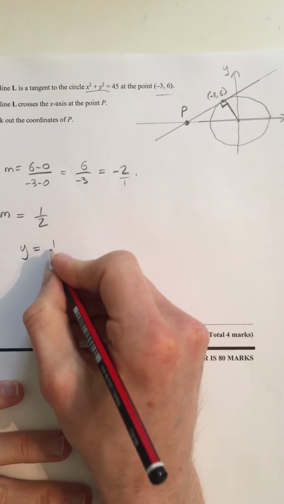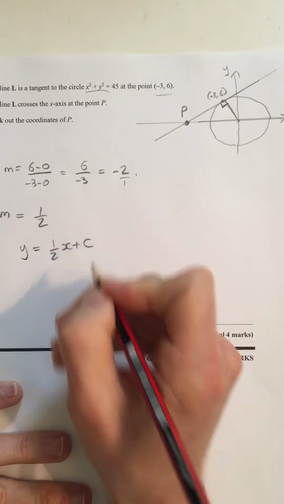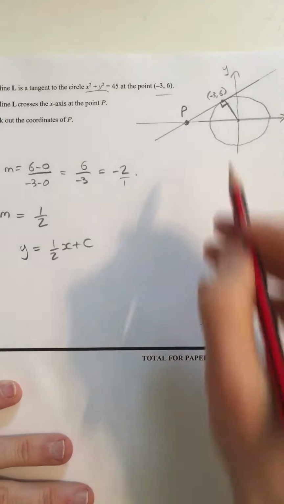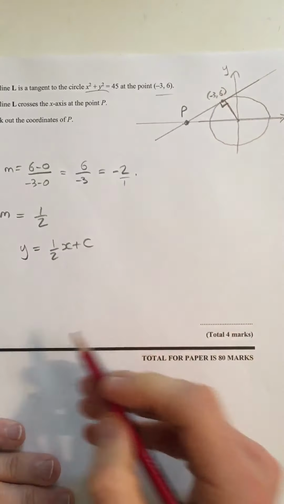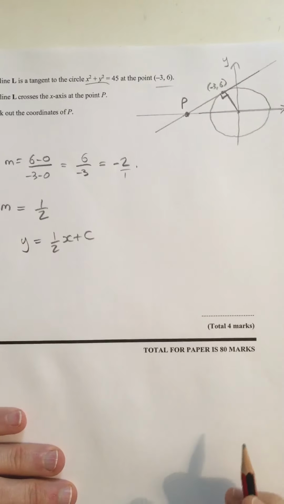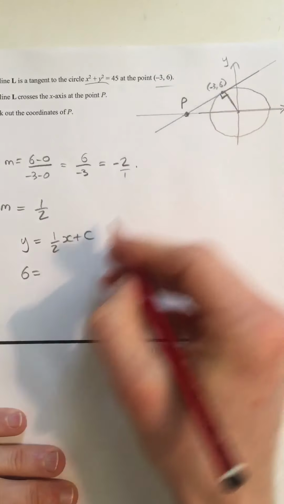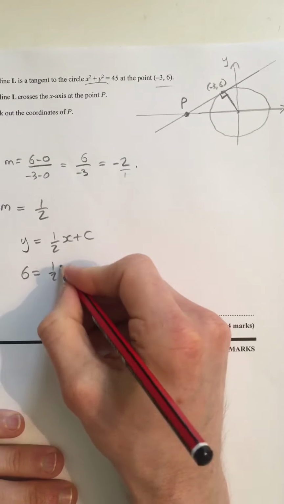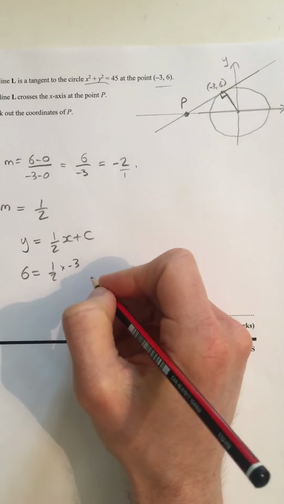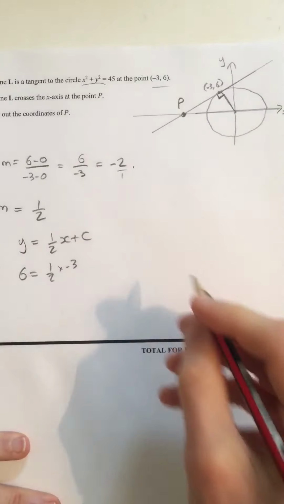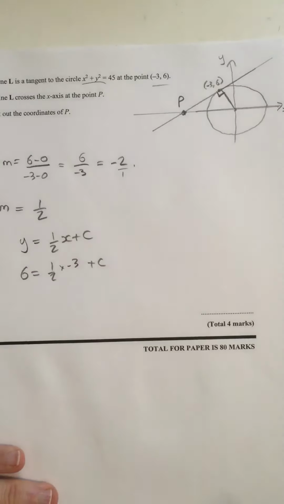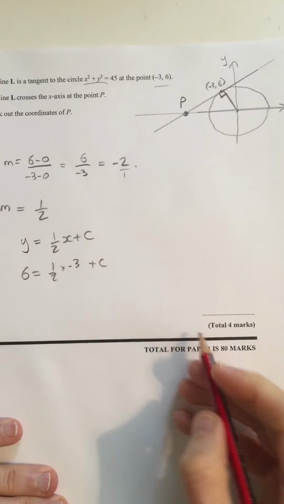So I can now say y equals a half x plus c. I'm going to substitute this coordinate in here to work out what c is going to be. So the y coordinate is 6. So 6 equals a half times -3.